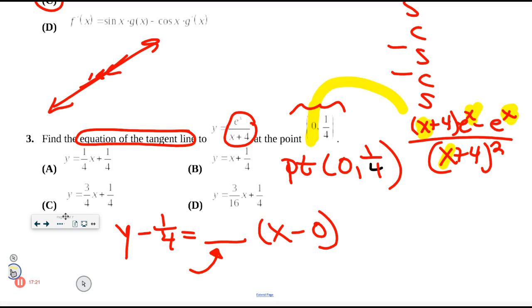So it'd be 0 plus 4 is 4. What's e to the 0? 1 minus 1. So I'm seeing a 3 on the top. Am I right? And on the bottom, a 16. Now I only see 3/16 in here, so it's D. All right, when it's multiple choice, there it is.